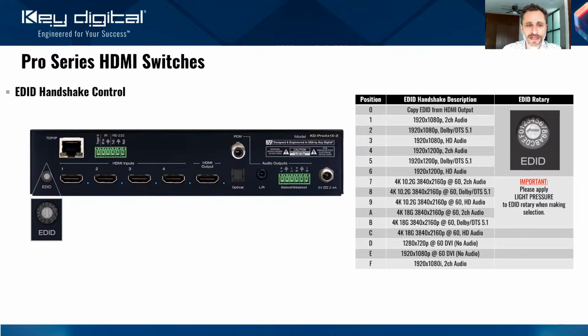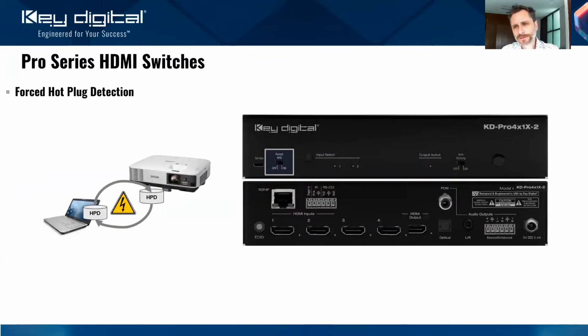So we really have assembled a great database of EDID handshakes, and you, the integrator, get to choose exactly what you want the sources to see as the output resolution and audio format that they should output in order to accommodate your integration system.